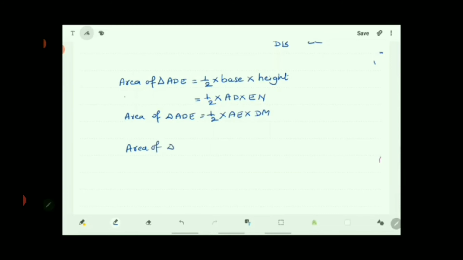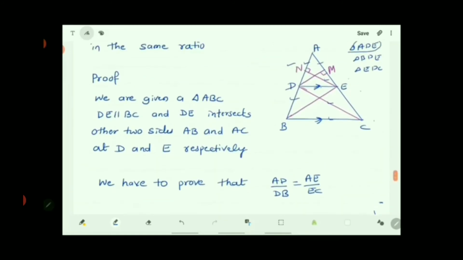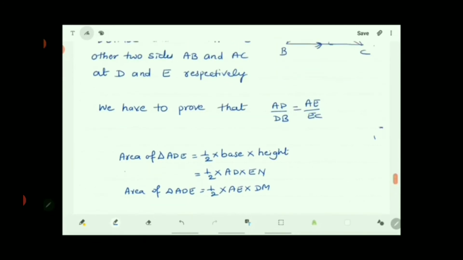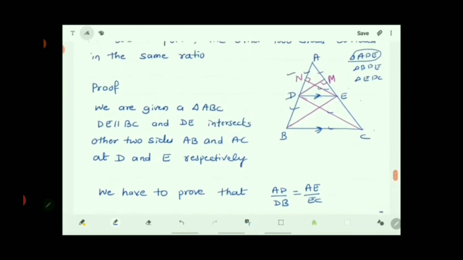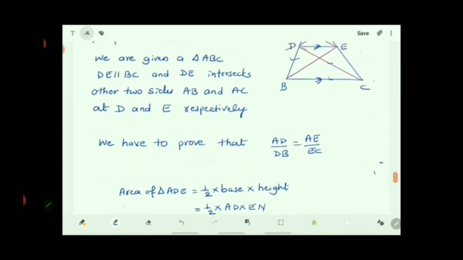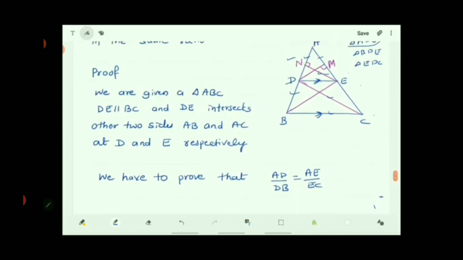Area of triangle BDE. Here you take BD as a base, it is half into BD into the height, which is EN. Next, take the area of the triangle DEC.